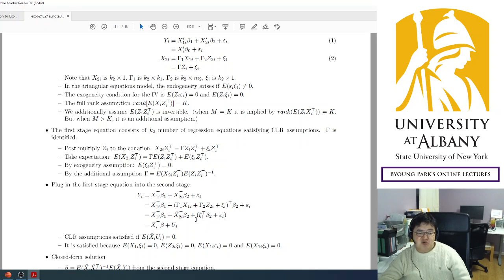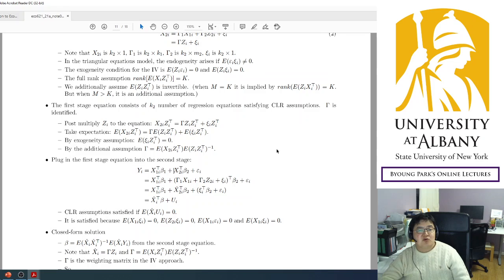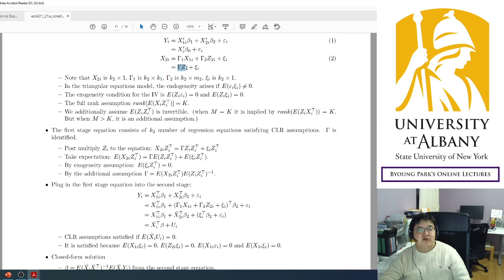Another difference is that in the place of x2 we have x2 hat, which is this expression.